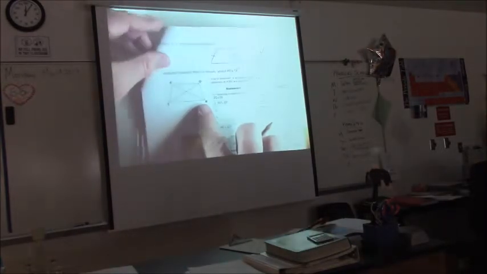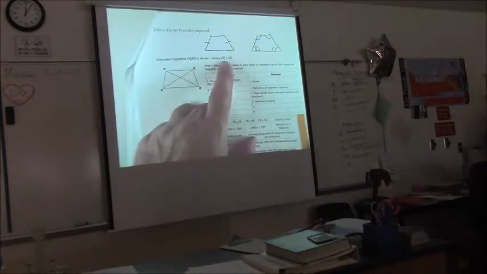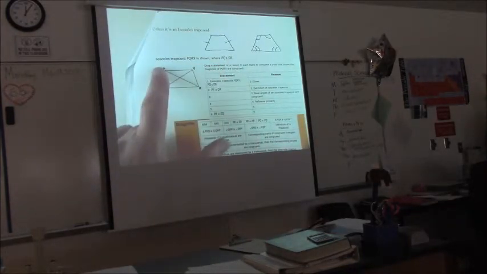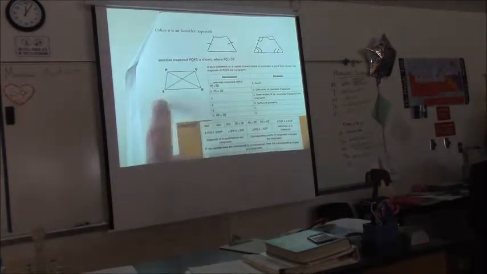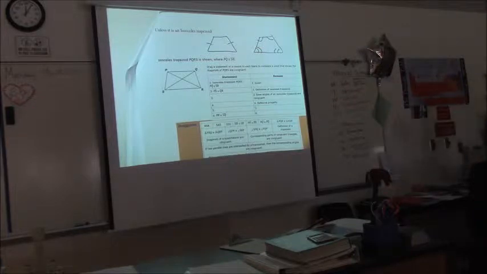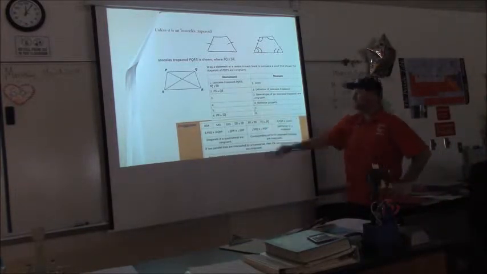So let's do a proof with it. Consider isosceles trapezoid PQRS, where PQ is parallel to SR. Now they drew both diagonals, so that's interesting, because the diagonals are equal in an isosceles trapezoid, but I don't think they're going to use it. So this is the drag, the reason. Look at all this stuff.